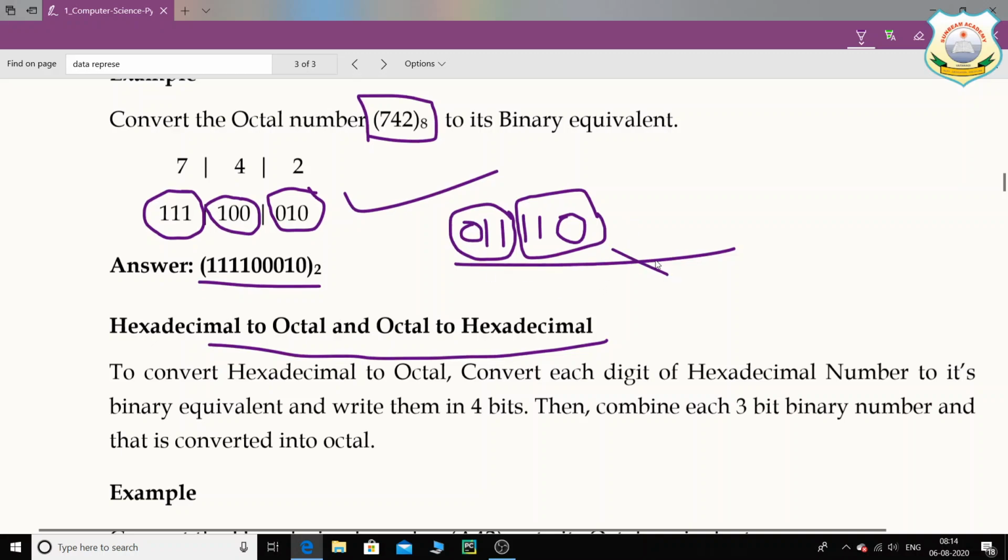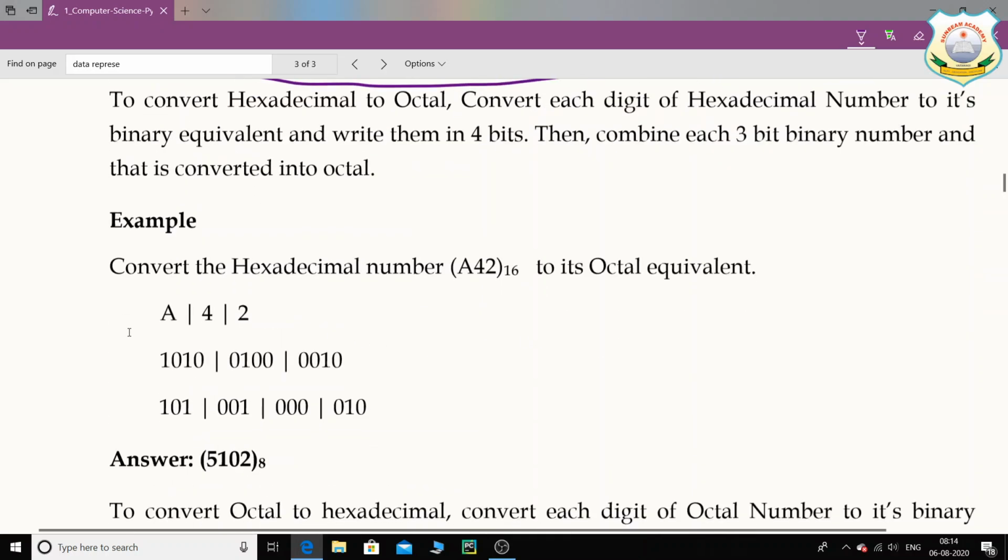And then this is 6, right? And this is 3, isn't it, children? So this is 6 and this is 3, so that is 36. So that's the octal number system. So same thing, then hexadecimal to octal and octal to hexadecimal, even this conversion, children, we have done.